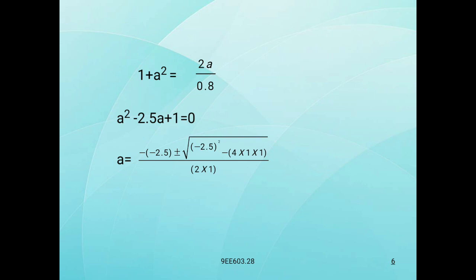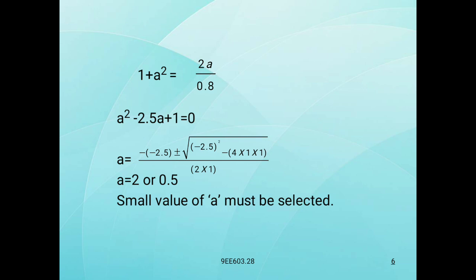This is the formula for quadratic factors we have to determine. So A is equal to minus of minus 2.5 plus or minus under root of minus 2.5 whole square minus 4 into 1 into 1, divided by 2 into 1. A is equal to 2 or 0.5.